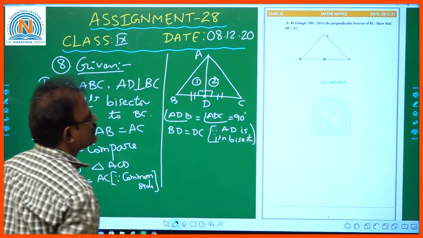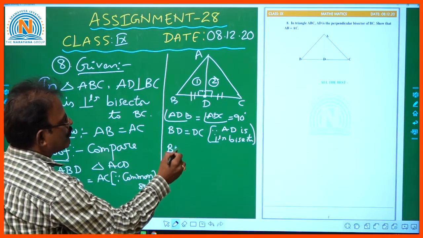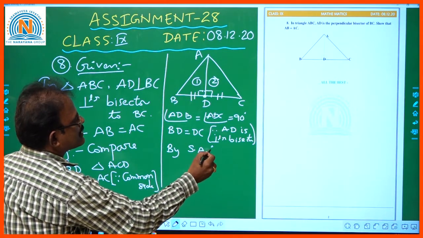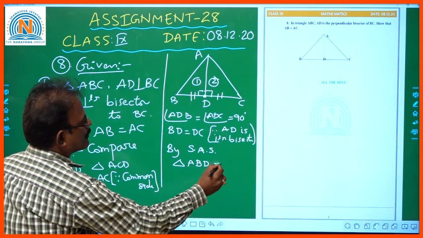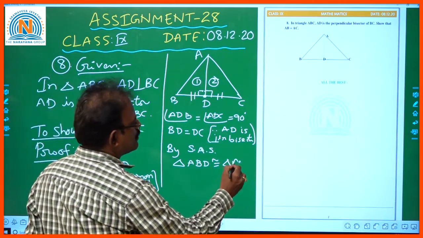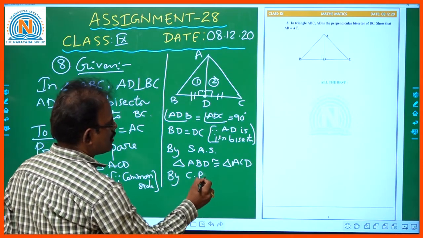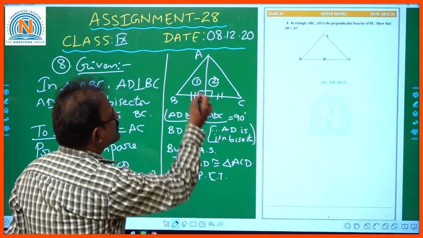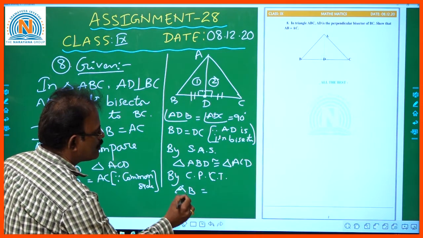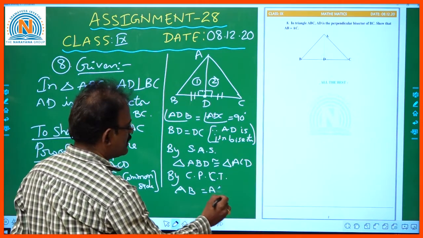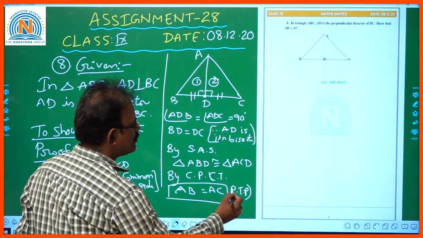Therefore, by side angle side, triangle ABD is congruent to triangle ACD, and by CPCT, the part opposite to 90 degrees in triangle ABD is AB, and opposite to 90 degrees in triangle ACD is AC. Hence, it is proved. That is what we needed to prove.